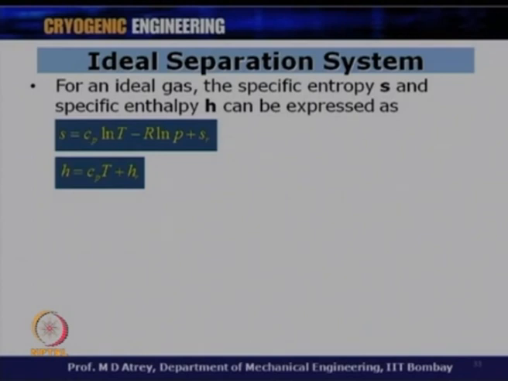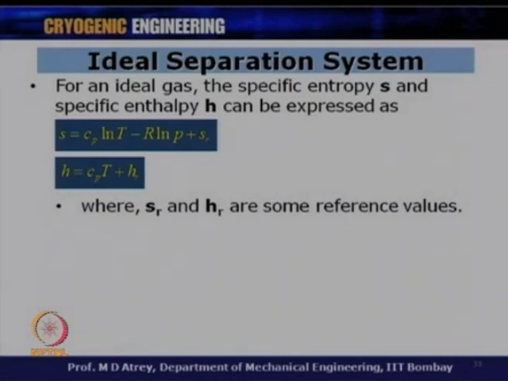Basically any temperature, any pressure one can select, and what we mean to say is that it should remain constant throughout calculations, where SR and HR are some reference values. They could be at 77 Kelvin or boiling point or 1 bar and 0 Kelvin or whatever, because there are various temperature-entropy diagrams which can have different reference values, and what we mean to say is that whenever we refer to such different diagrams, we should keep the same reference values.